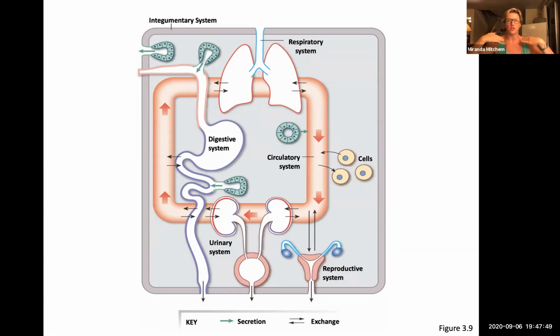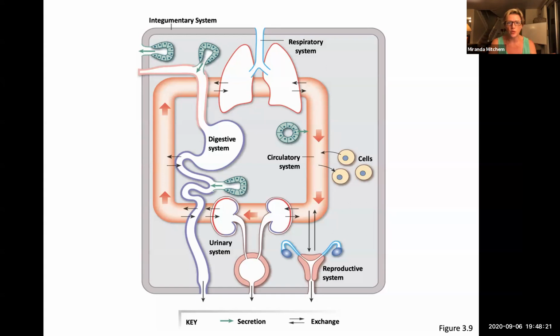We breathe in oxygen, we exhale carbon dioxide, but the lungs exchange that material into the bloodstream, and then oxygen and carbon dioxide move back and forth between the cells so that we can supply our cells with oxygen and move away the products of respiration, which would be carbon dioxide. We see also there is exchange at the level of the kidneys. This is actually one of the major exchange sites in our body.